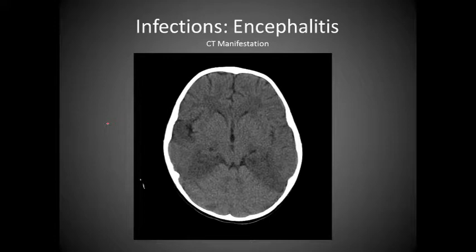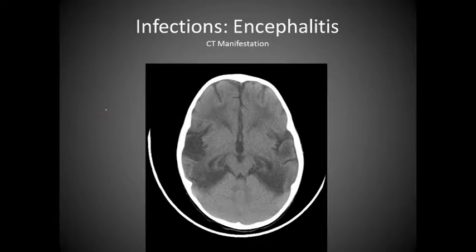Here we have just a generalized low-contrast area in the brain that seems to be abnormal, as well as this low-contrast area. Furthermore, this is magnified here. We have this in the temporal lobe.